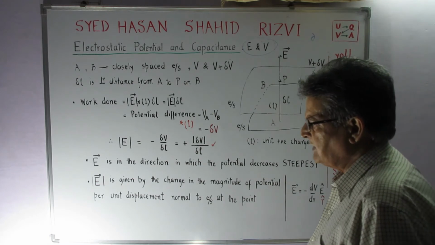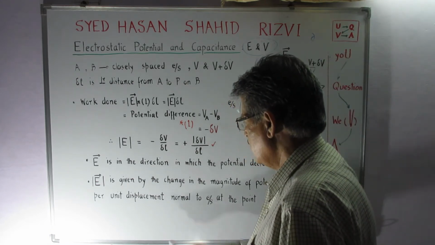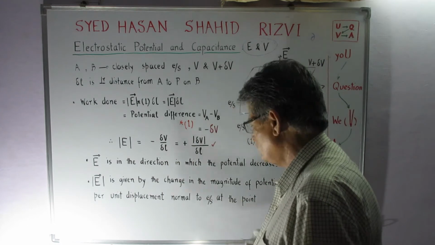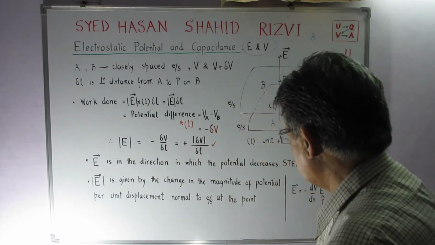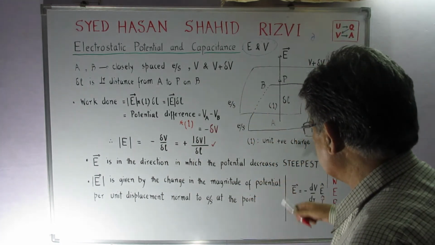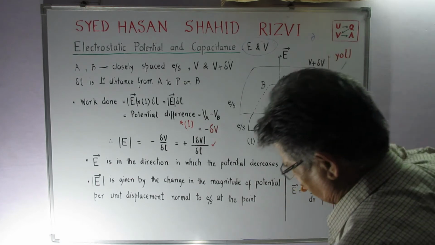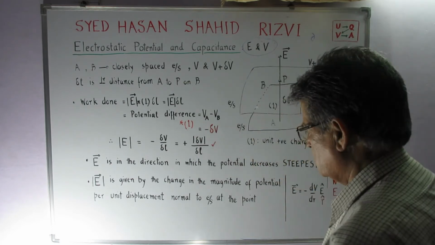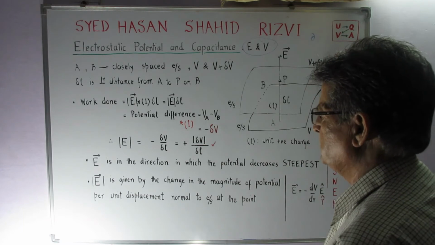One is that the electric field is in the direction in which the potential decreases steepest. Okay, the fall of the potential is steepest.